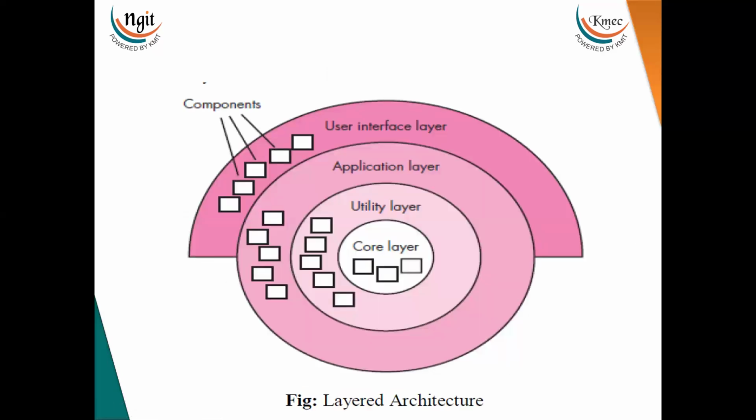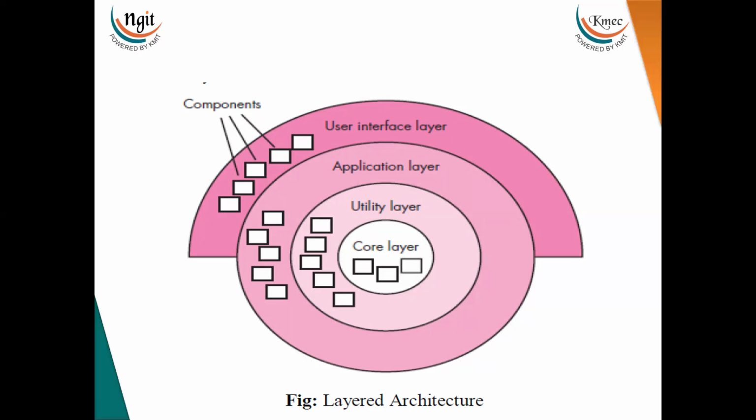So in the layered architecture, there will be a number of different layers that are defined. You can see core layer, utility layer, application layer, user interface layer. These are defined, and each accomplishes operations that progressively become closer to the machine instruction set. Okay, at the outer layer, the components service user interface operations, and at the inner layers, the components perform operating system interfacing.